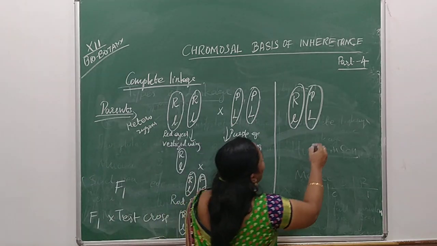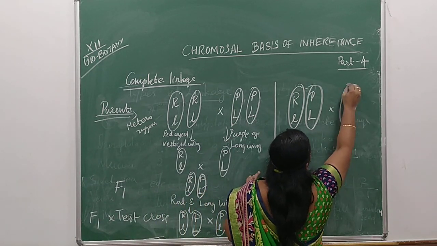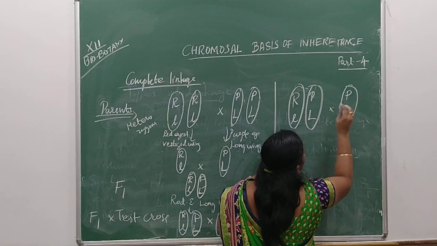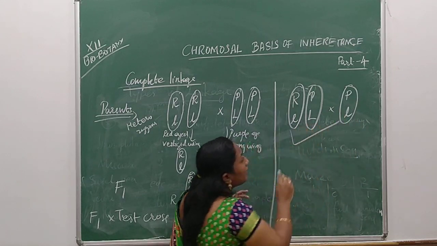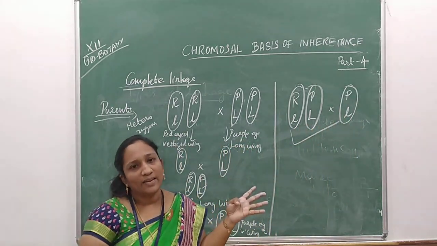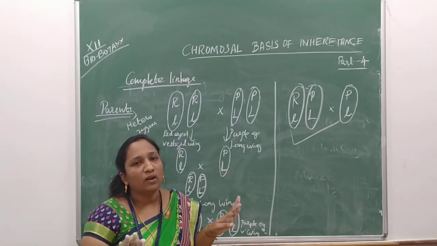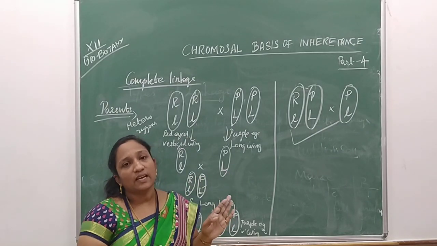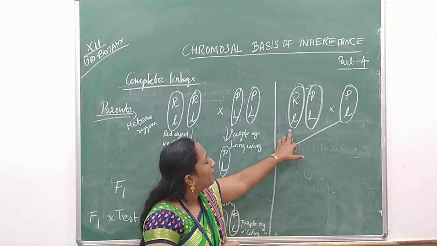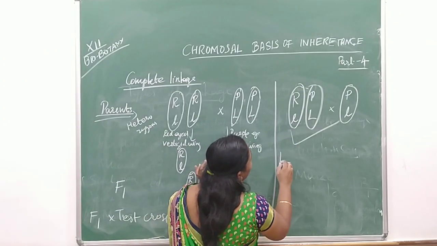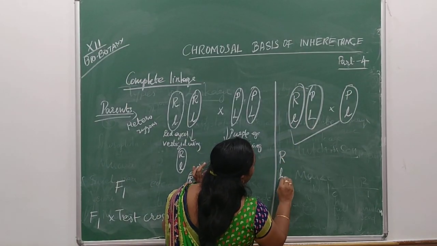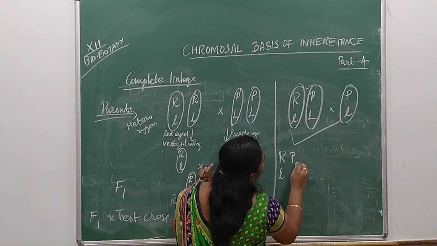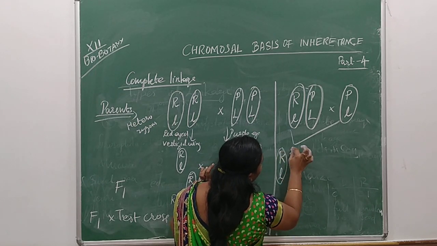So the gamete is one because both are the same. Now cross with this. There is no chance for more than one gamete because recombination will not take place, since these genes are linked together. So we cannot separate them. As it is, write down capital R, small l, capital P, small l.